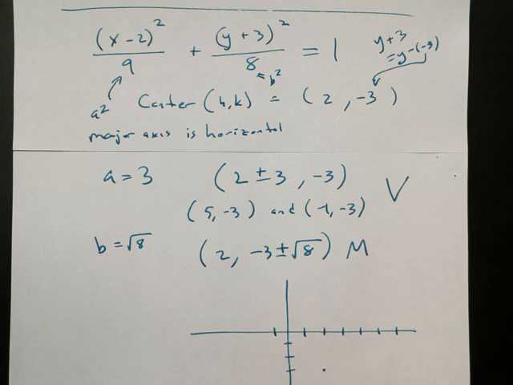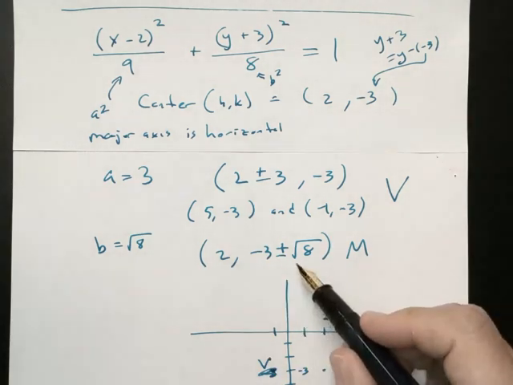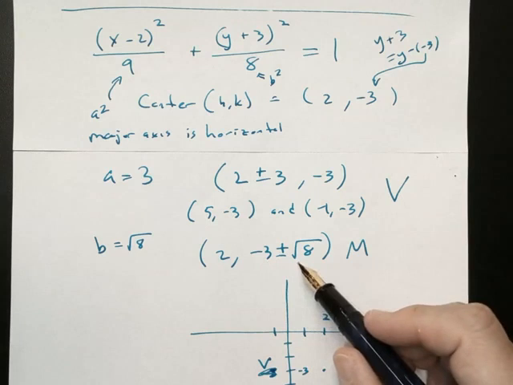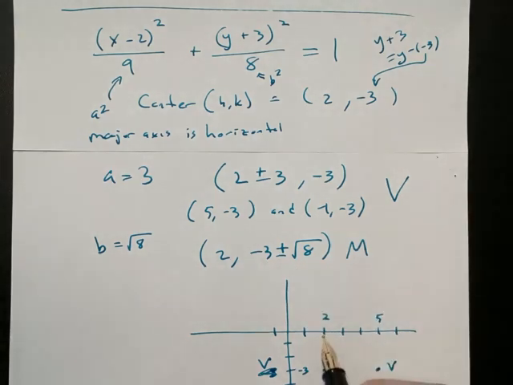Two, -3. Vertex at 1, 2, 3, 4, 5, -3, there's a vertex. 1, 0, -1, there's a vertex. I shouldn't have written that number there. I scribbled over my vertex. Minor point is up -3 plus 2.8. That's like -0.2. That's all the way up there for a minor point. And then 1, 2, 2.8 down.